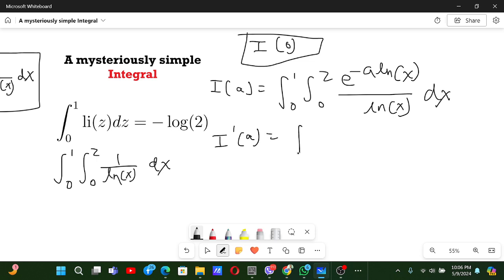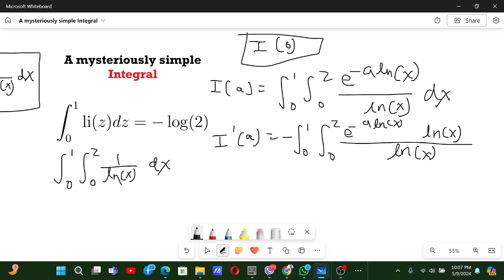If we do that, we just have a partial derivative, and we get e to the power minus a ln of x times minus ln of x, which is basically the numerator, divided by ln of x dx.